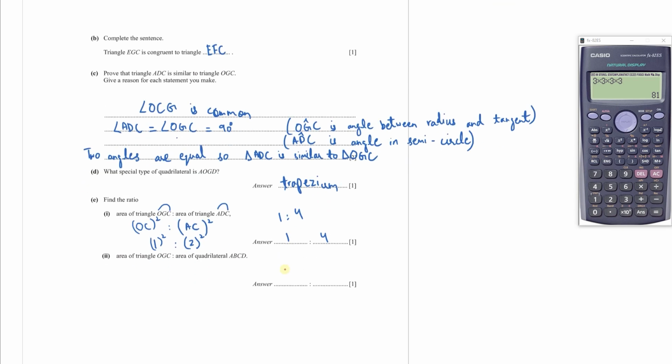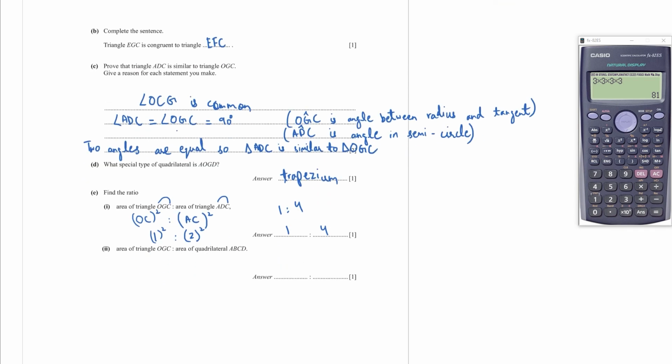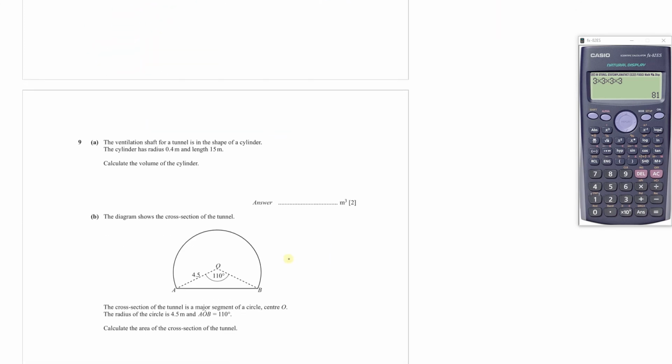So the area of triangle OGC ratio area of quadrilateral ABCD, being 2 times area of triangle ADC, will be 1:2 into 4. So this will be 1:8, which will be your final answer.